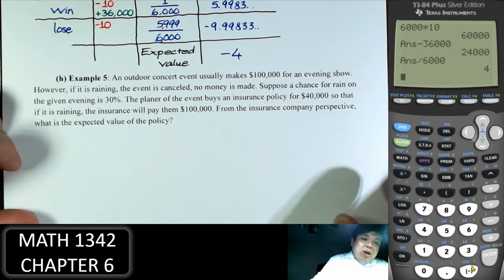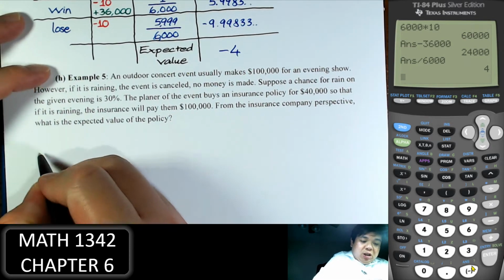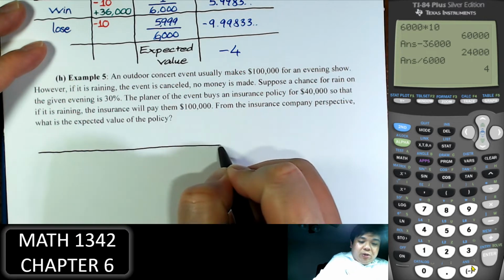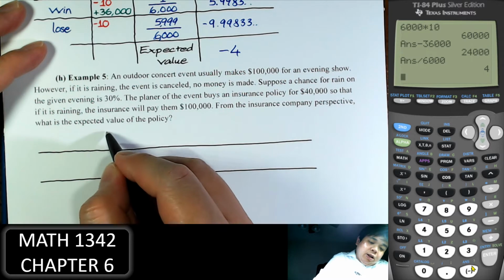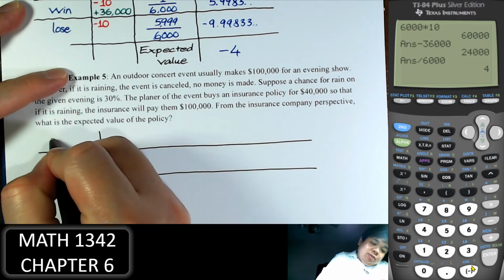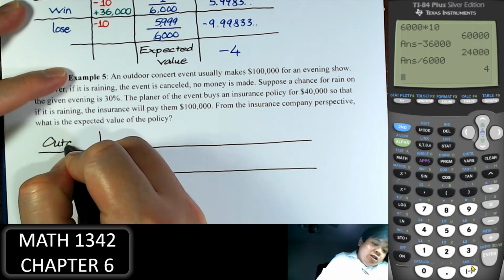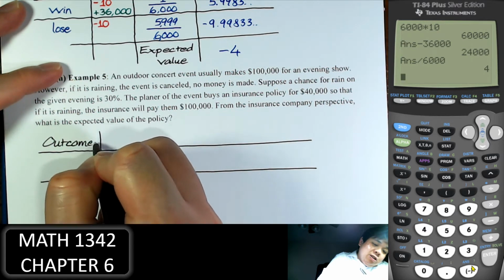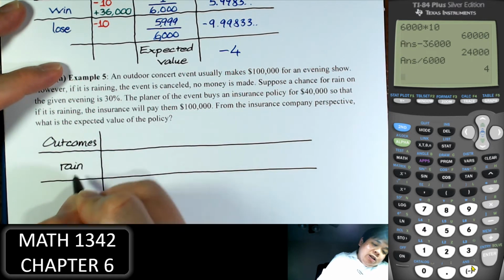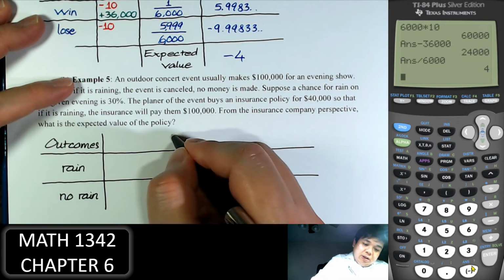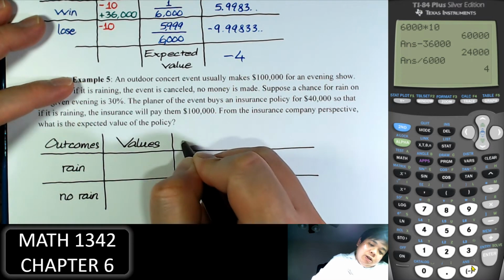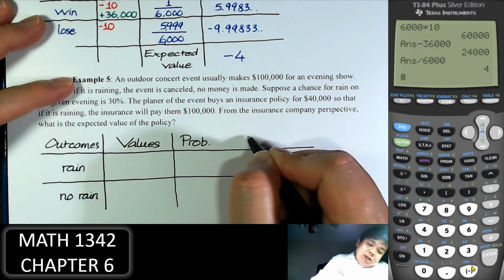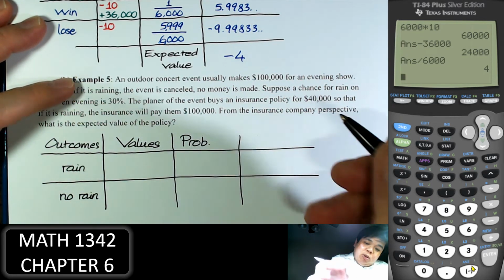Once again, we have to look at the perspective to determine if it's winning or losing. There are only two outcomes here: raining or not raining. We need the values and the probabilities, and then we multiply those two.